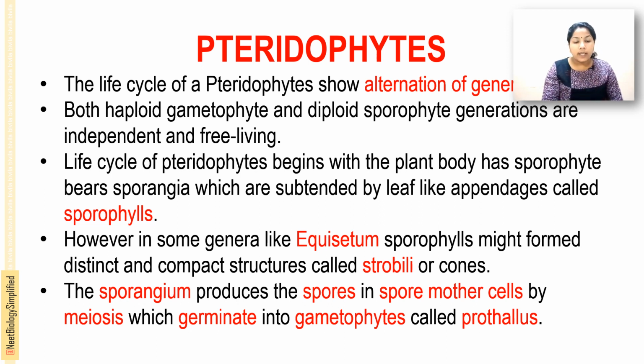The sporangium produces spores in the spore mother cells by meiosis, which germinate into a gametophyte called the prothallus. Initially, the spores are generated in the sporangium present on the sporophyte. Inside the sporangium there are spores, produced in the spore mother cells by meiosis, and on germination they produce a gametophyte called the prothallus.